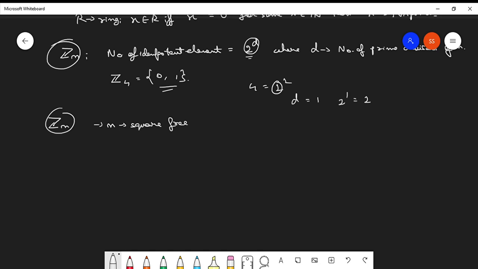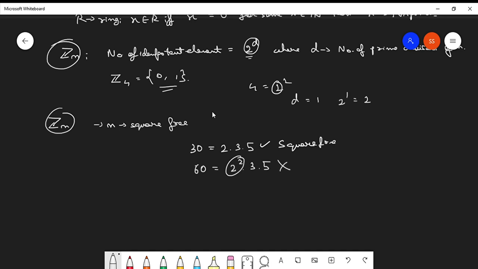For example, 30 can be written as 2 times 3 times 5, so no prime factor is repeating. Now suppose you have 60. 60 can be written as 2 square times 3 times 5, so here you have one repeating prime factor. So 30 is square free, and 60 is not square free.